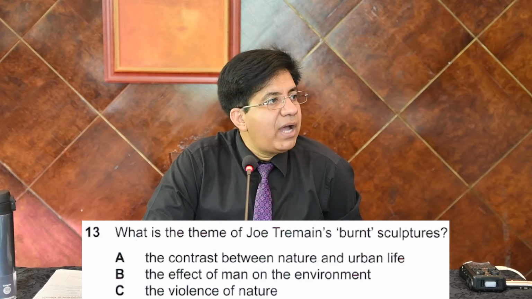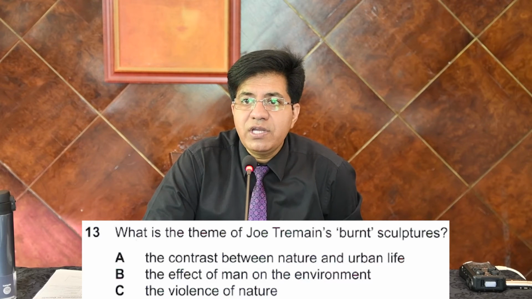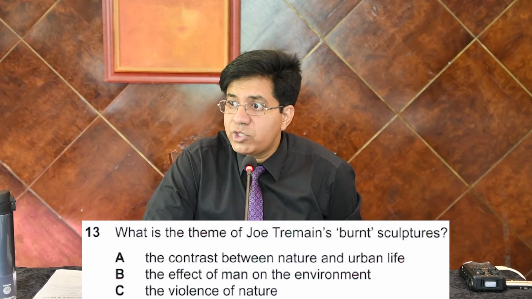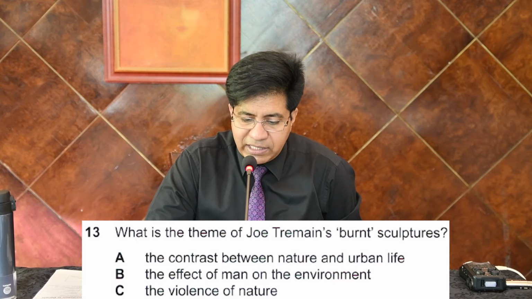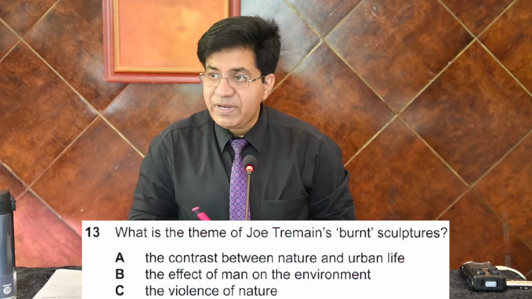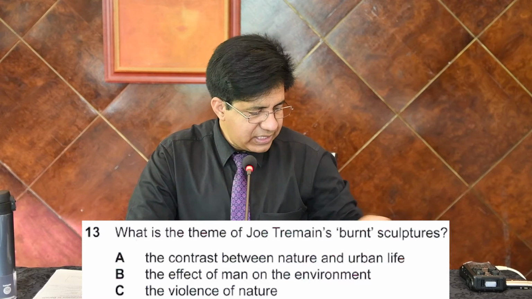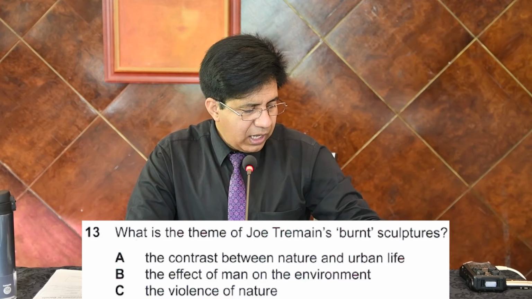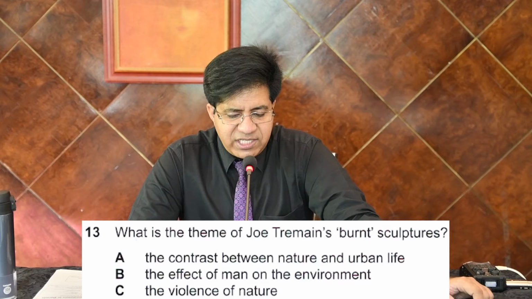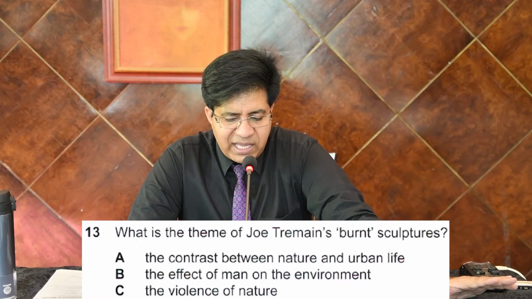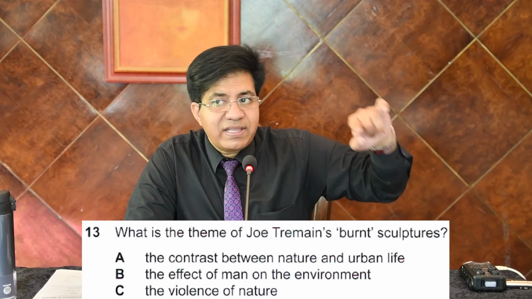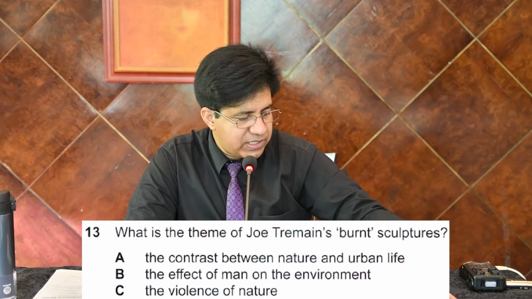For violence, they might use the word ferocious, how ferocious nature can be, or any other word like that, intensity of nature, ferocity of nature and all that. Now let's listen and then we see. And again, the question is, what is the theme of Joe Tremain's burnt sculpture? Let's see.